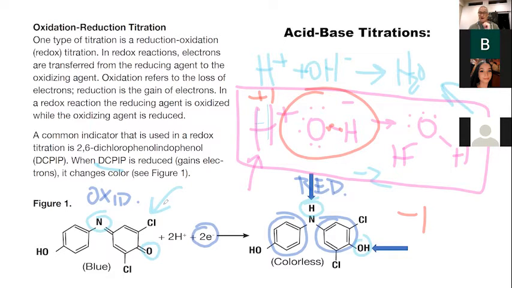So how many valence electrons does oxygen usually have? 6. And if it has 8, what's its oxidation number? -2, because basically it has 2 more electrons. Electrons are negative, so -2. So the oxygen has an oxidation number of -2.